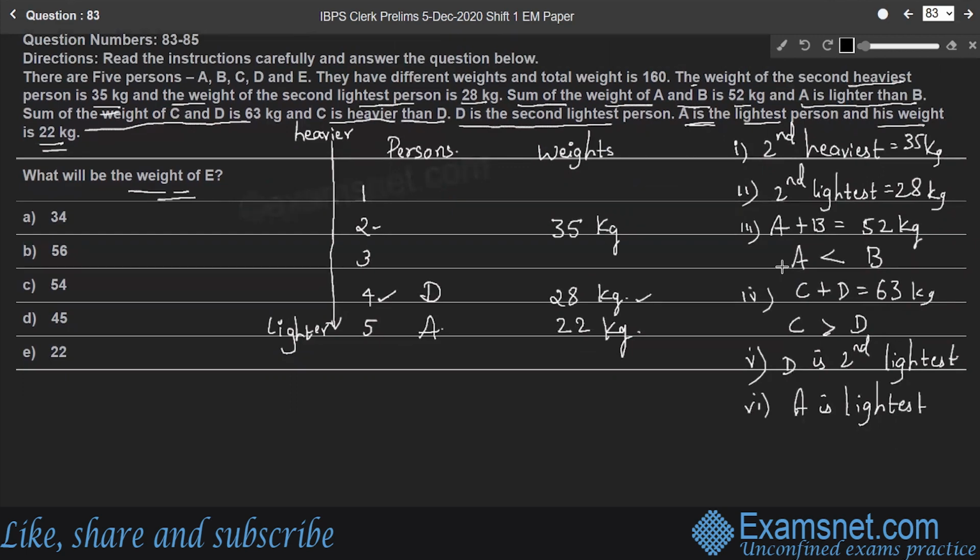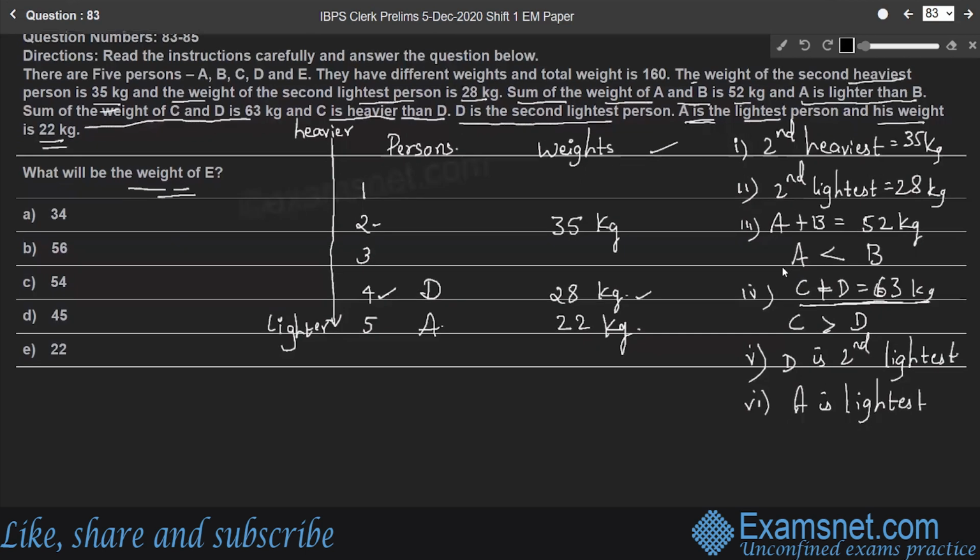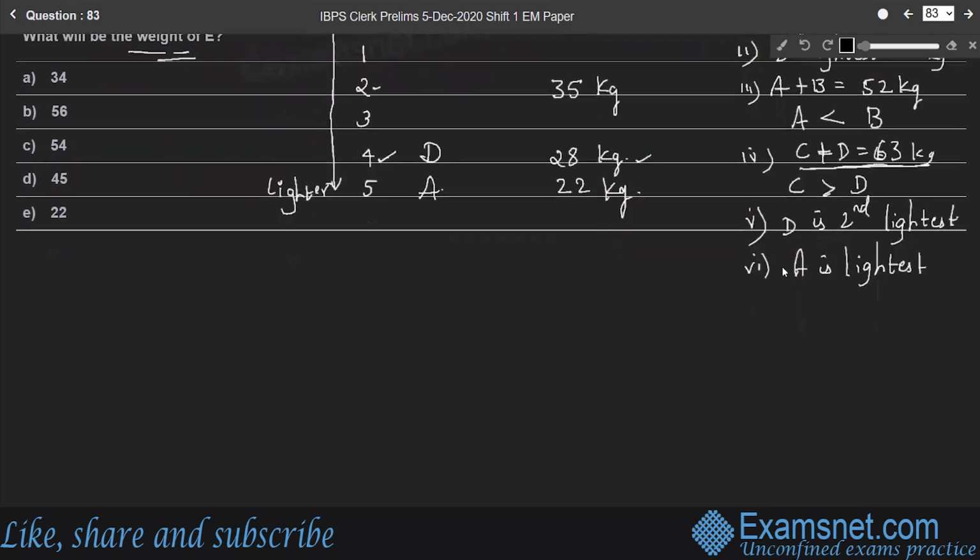So here second heaviest person is 35 kg. That is given. So all the information we have written in the form of a table. Right? Here C plus D. So look at the fourth point. C plus D is 63 kg. What is weight of C here?